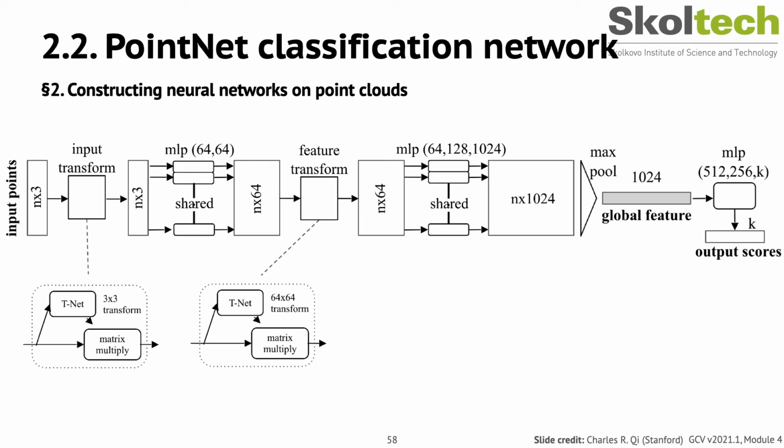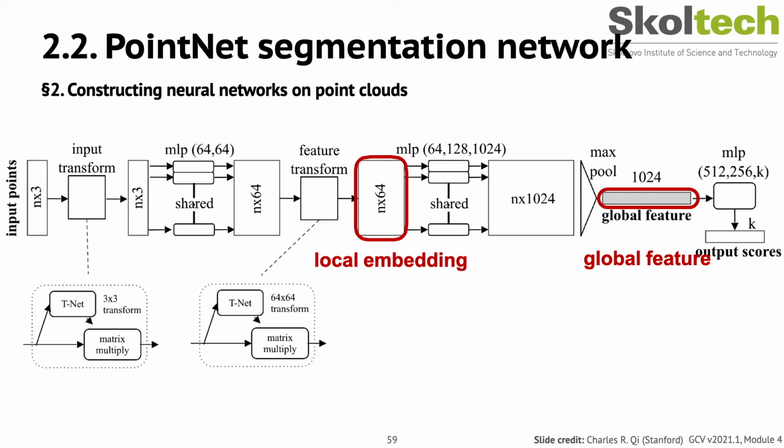The global feature vector is finally fed to output class scores for K candidate categories for classification. So far, we have introduced a PointNet classification network.